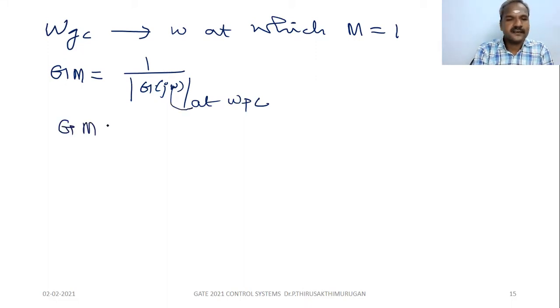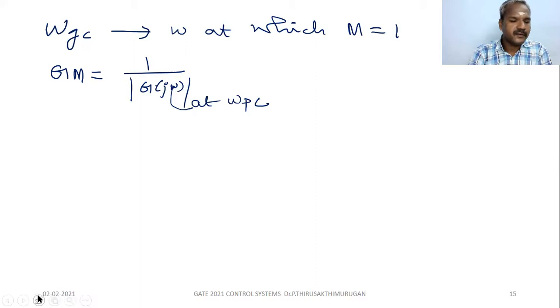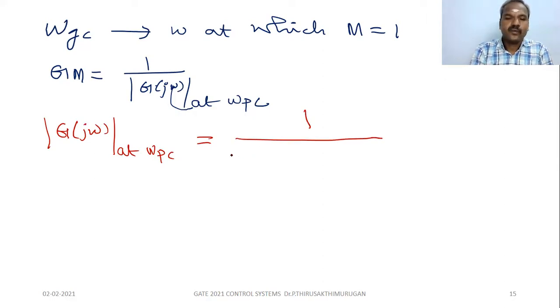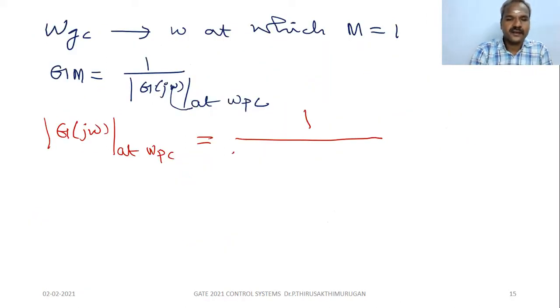So for gain margin, first let's find the magnitude of G of j omega at omega PC, right? 1 divided by omega times the square root of 1 plus omega square tau square, right? Let us substitute.